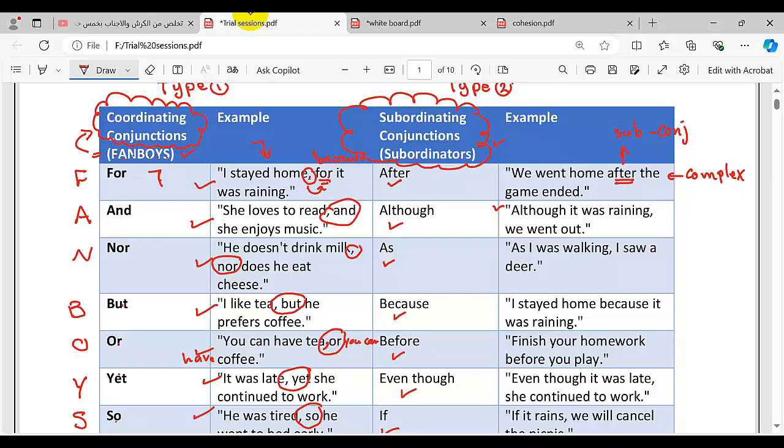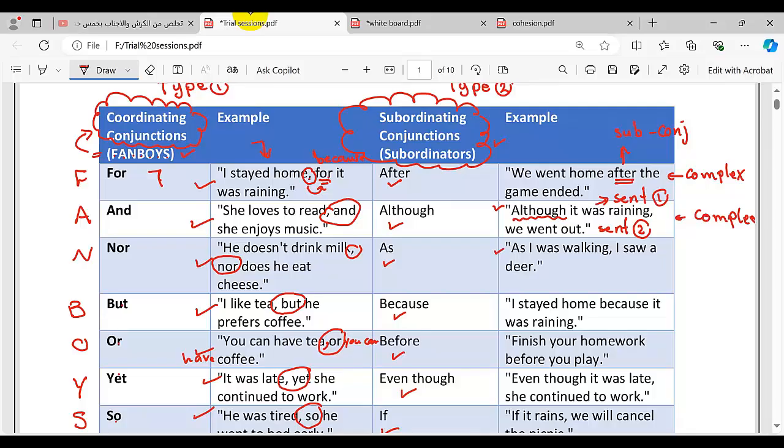Although it was raining, we went out. Also here two sentences. This is sentence 1, and we went out is sentence 2. Both sentences are connected by the subordinating conjunction, which is although. So this is also a complex sentence.